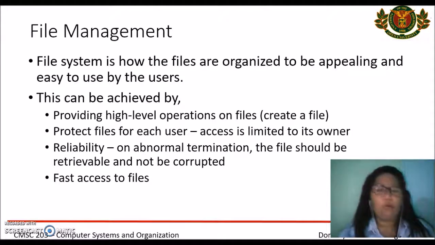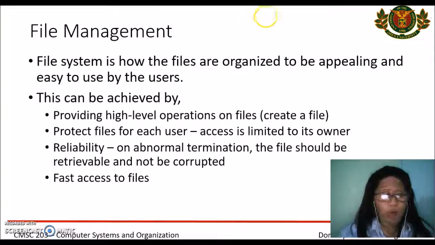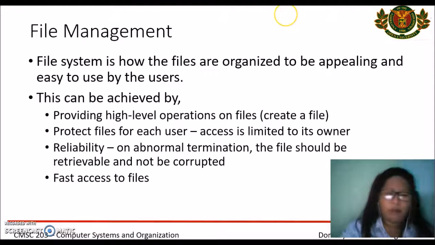When you log back in, you are prompted to recover, let's say, your file in Word, which you were not able to save before the computer hangs or shuts down.